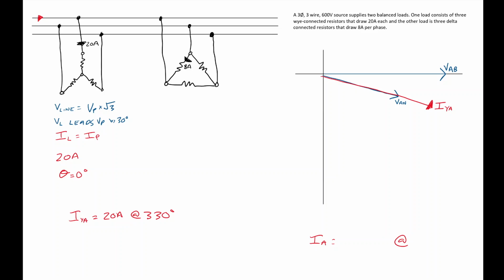Now moving over to my delta. With delta, I have a couple rules as well. I know that V line equals V phase. They are the same. I know that I line equals I phase times square root of 3. And I know that I line lags I phase by 30 degrees.